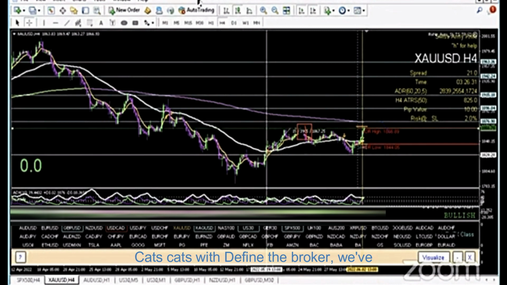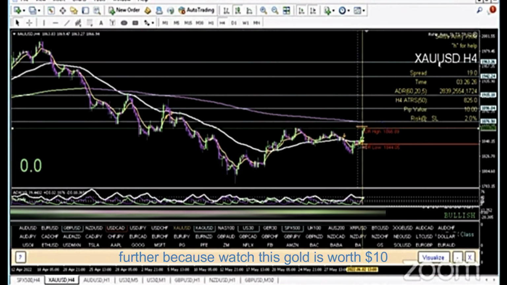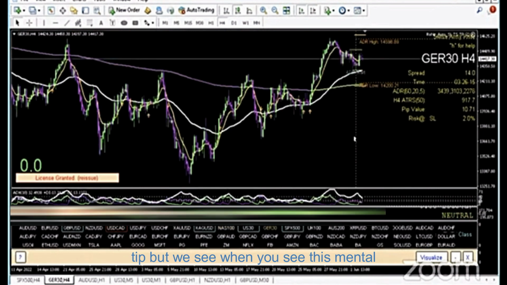Okay, so we've defined the broker, we've defined the pip. Now, unfortunately, we have to go even further, because watch this. Gold is worth $10 per pip. NAS, also $10 a pip. But wait, there's more. German 30. There's always more. Right? Which is also an index, is worth $10.70 per pip.